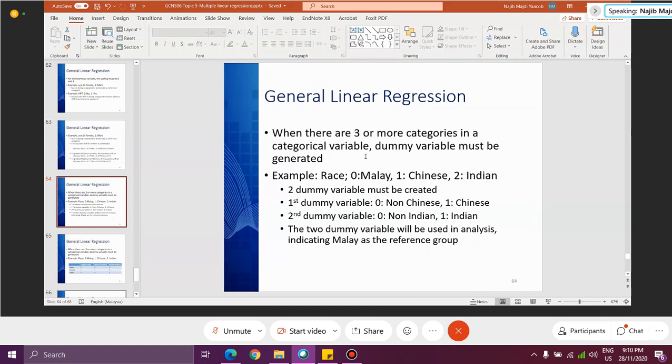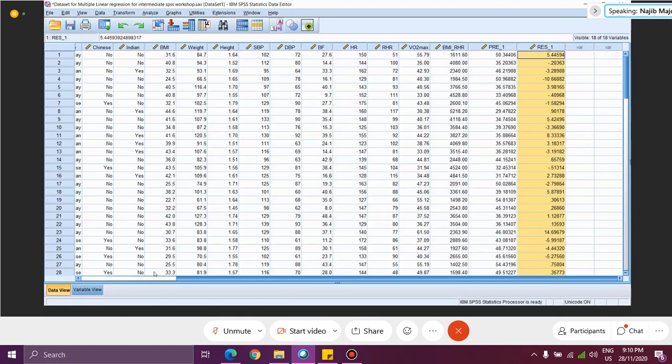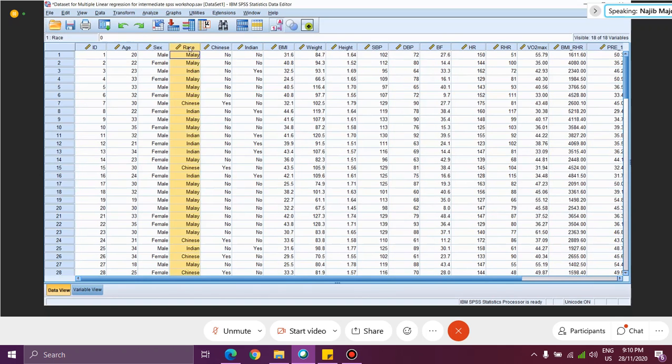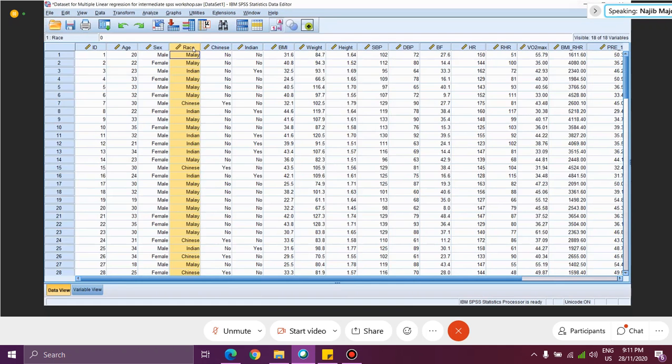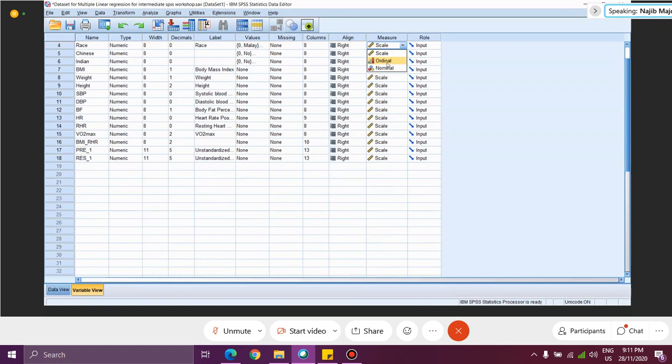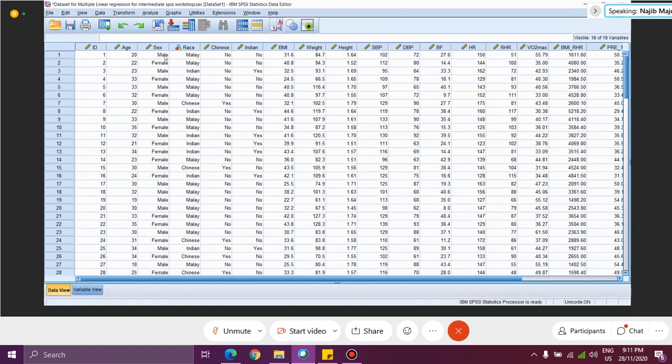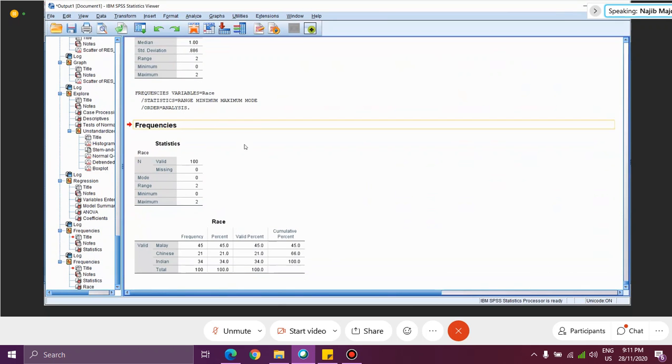So what if you have more than two categories? If you have three or more categories, you need to create dummy variables. For example, if you have race coded 0, 1, and 2. In the example data set, race is a nominal variable, a descriptive characteristic: Malay, Chinese, and Indian.